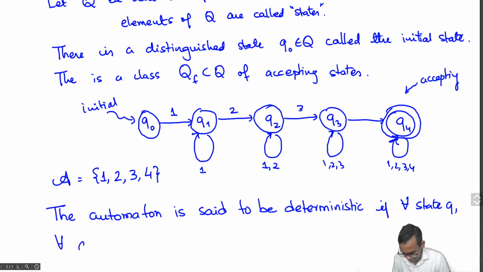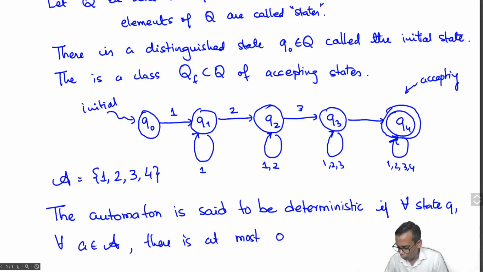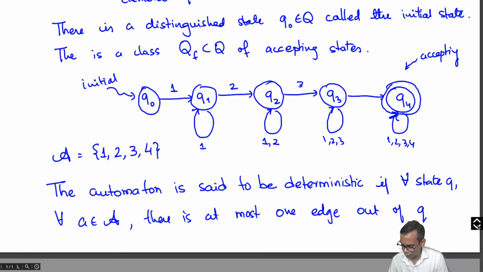So for every a in A, there is at most one edge going out from Q labeled a.